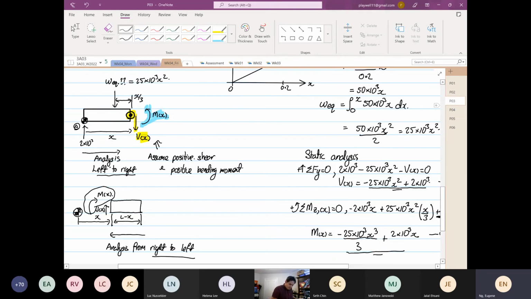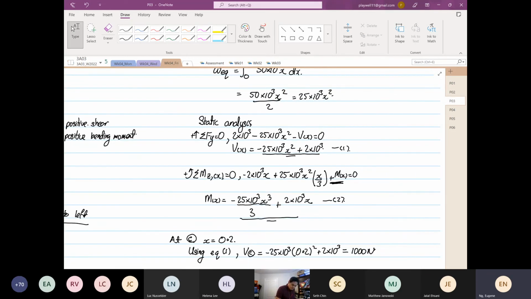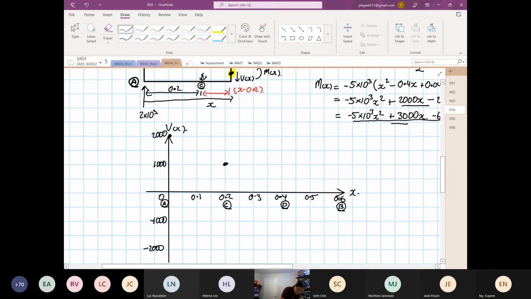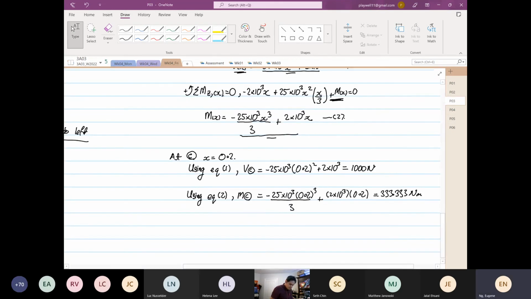So if you look at our shear force equation, right, it's minus 25 times 10 to the power 3 plus 2000. Okay. So we know minus means it's a sad face. So this will be coming down, sad face. Then we look at our bending moment diagram. Okay, so a bending moment diagram is also a sad face, right?